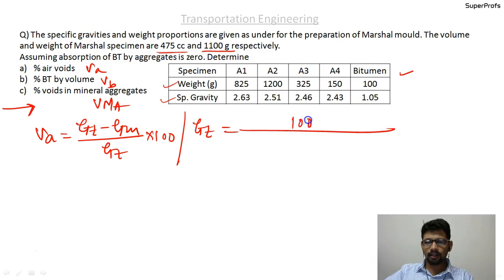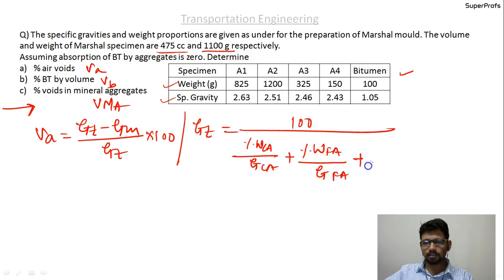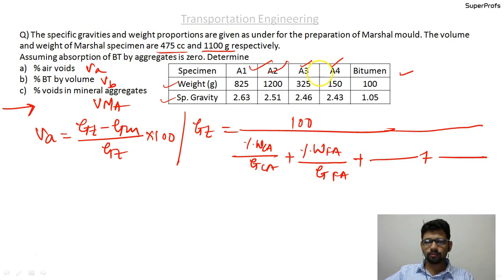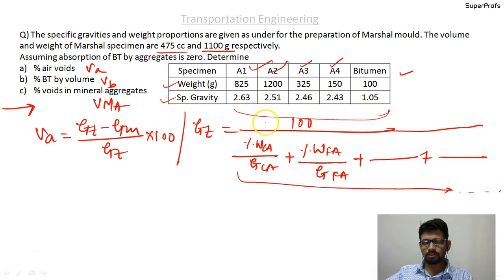GT is given as 100 upon percentage weight of coarse aggregate upon specific gravity of coarse aggregate plus percentage weight of fine aggregates upon specific gravity of fine aggregates plus similarly two more terms for the filler material and the bitumen. This is a generalized formula. It can be extended to n number of constituent materials that is present.